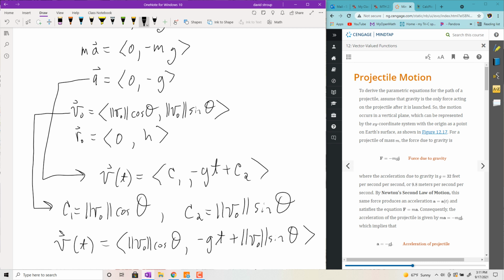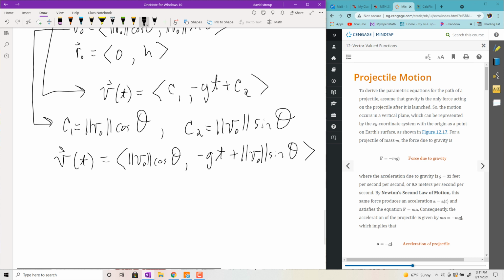Okay, then to recover the position, we just integrate again. So r of t is going to be this junk with a t on it. All of this stuff in front of it is considered to be a constant, plus c1.